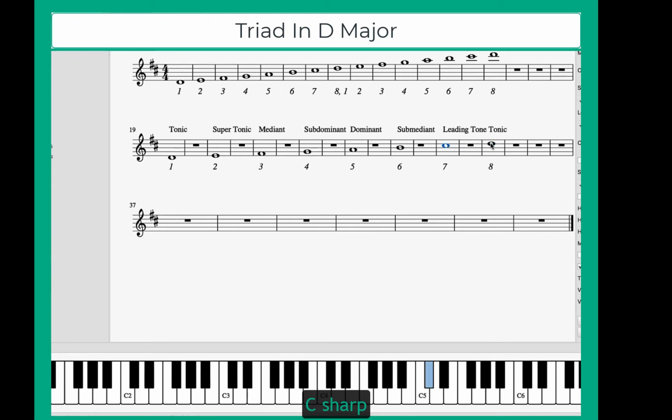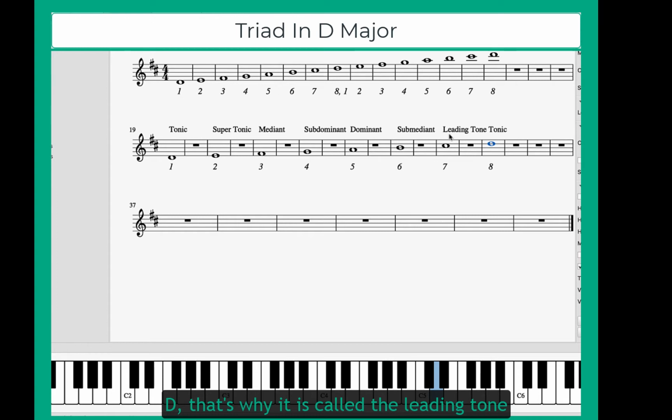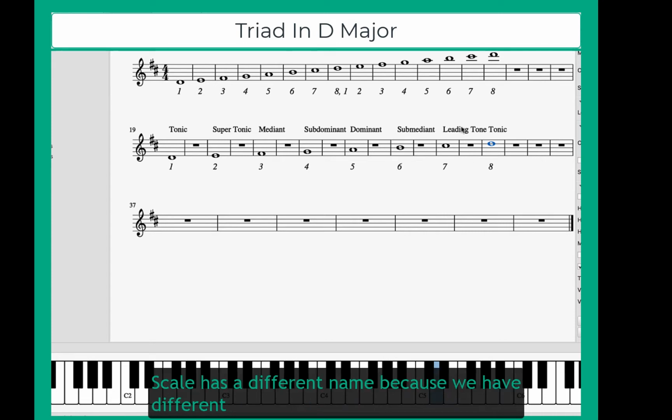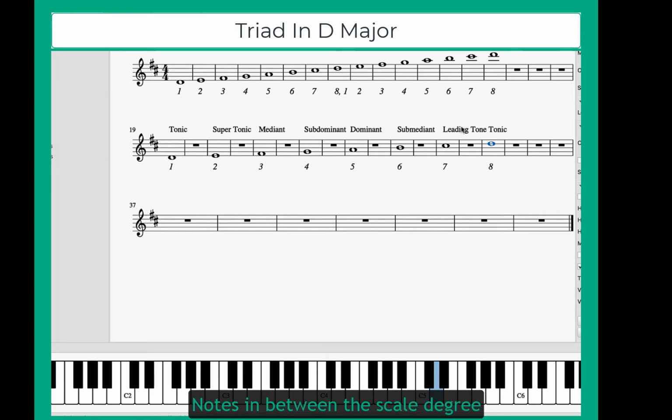C sharp, D. That's why it is called the leading tone. That is only for major scale. Minor scale has a different name because we have different notes in between scale degree 7 and scale degree 8.